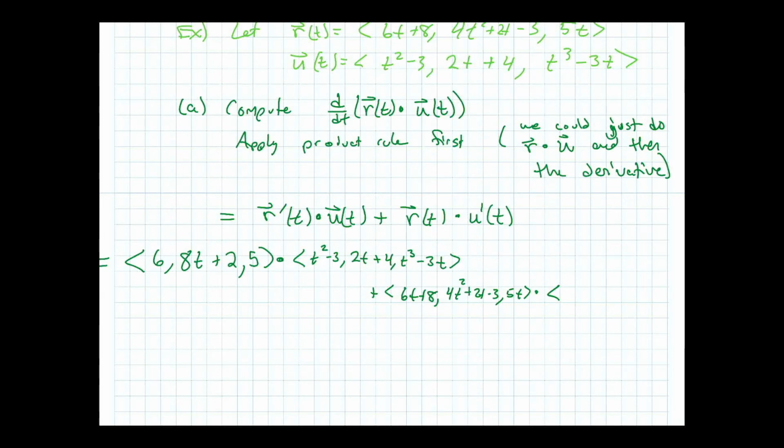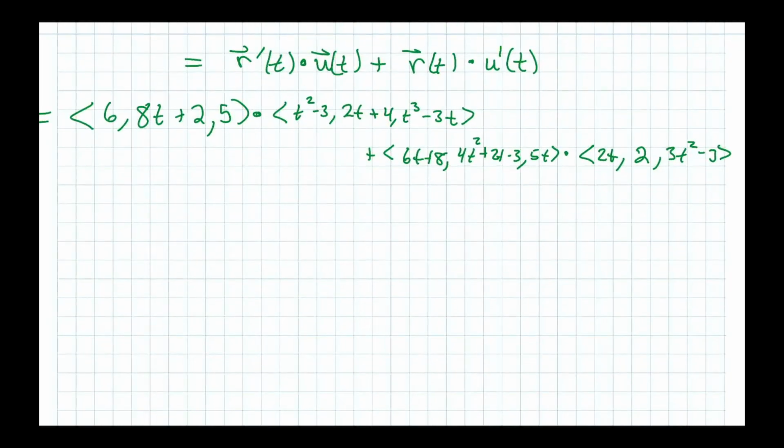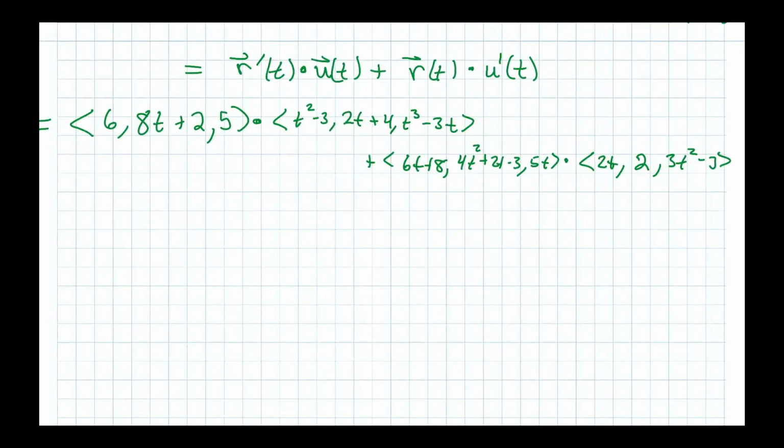The derivative of t squared minus 3 is 2t. The derivative of 2t is 2. And the derivative of t cubed minus 3t is 3t squared minus 3. Okay, and then after you do that, you can do this dot product. The dot products are multiplying the components. So now do the dot product.